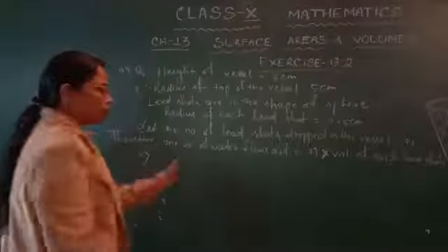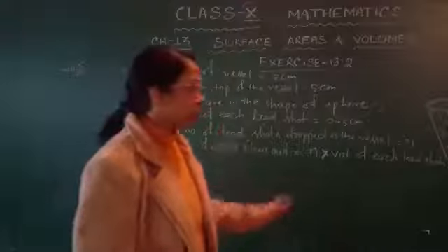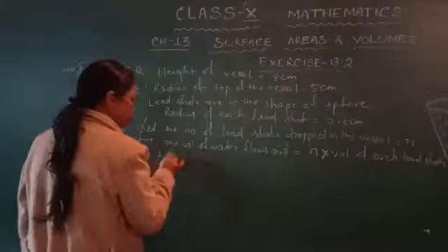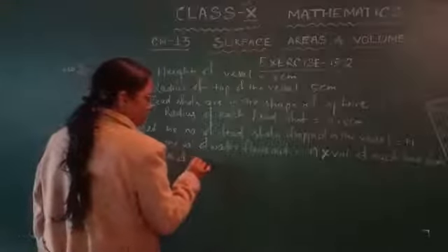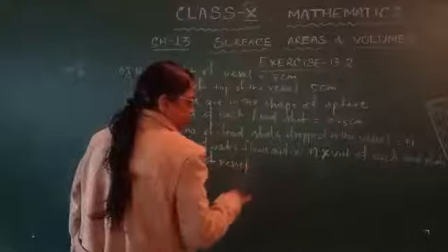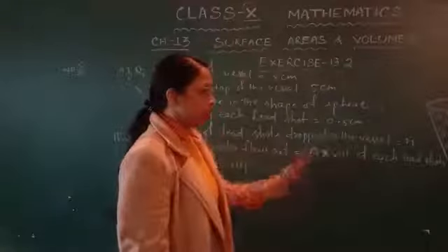Okay, so how much water flows out? 1/4 of the volume of the vessel. So 1/4 of the volume of the vessel is equal to n into the volume of each lead shot.